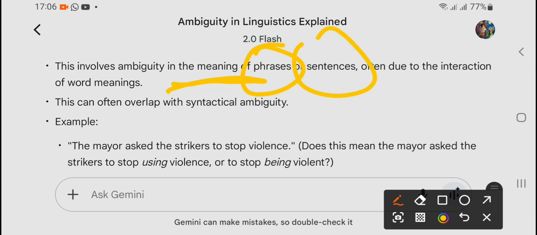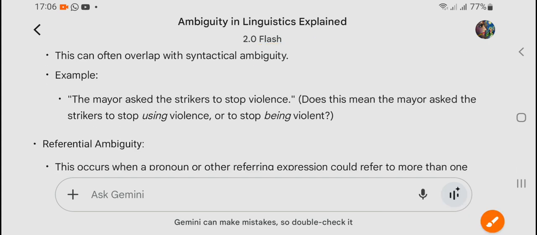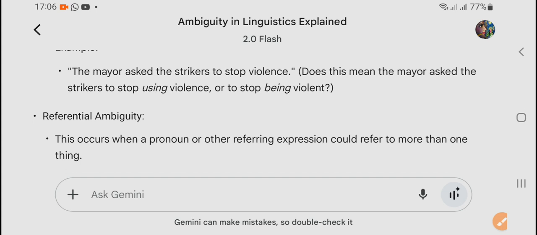So sometimes in different contexts, there are different meanings of phrases, right? For example, "the mayor asked the strikers to stop violence." Does this mean the mayor asked the strikers to stop using violence, or to stop being violent, right?